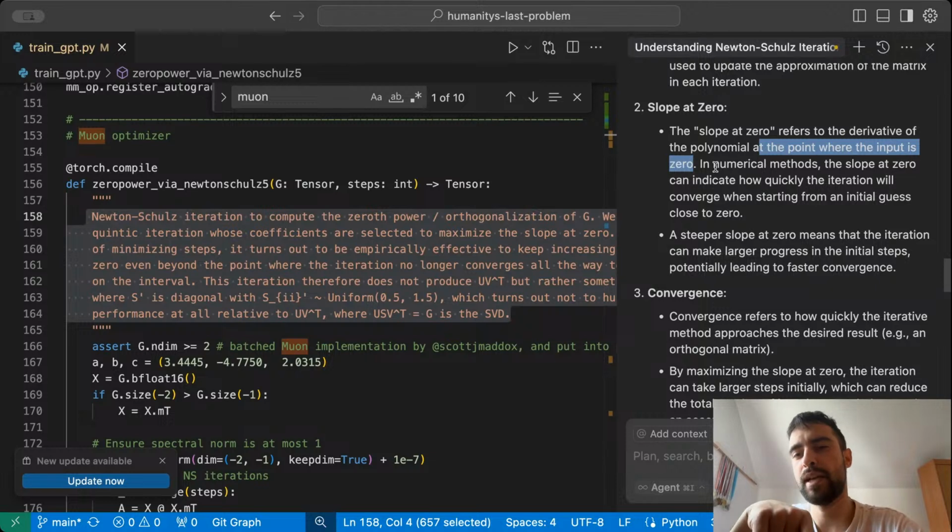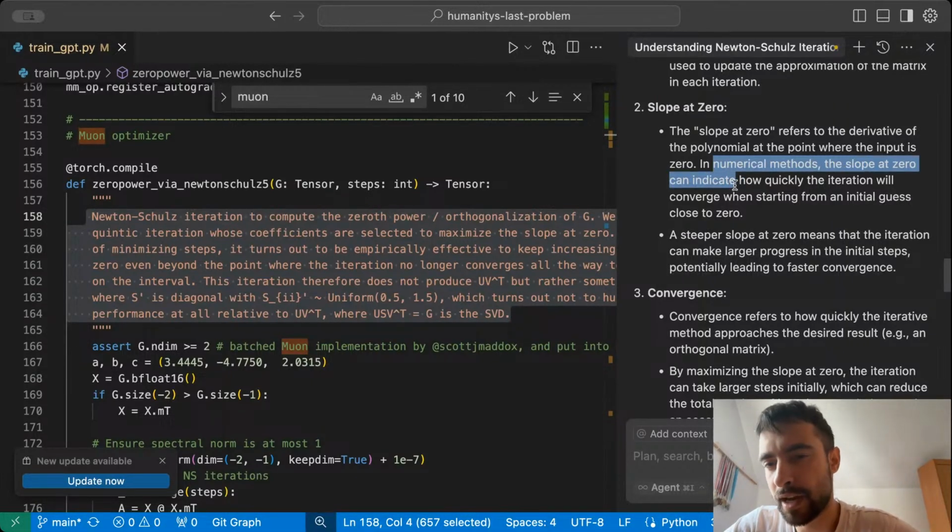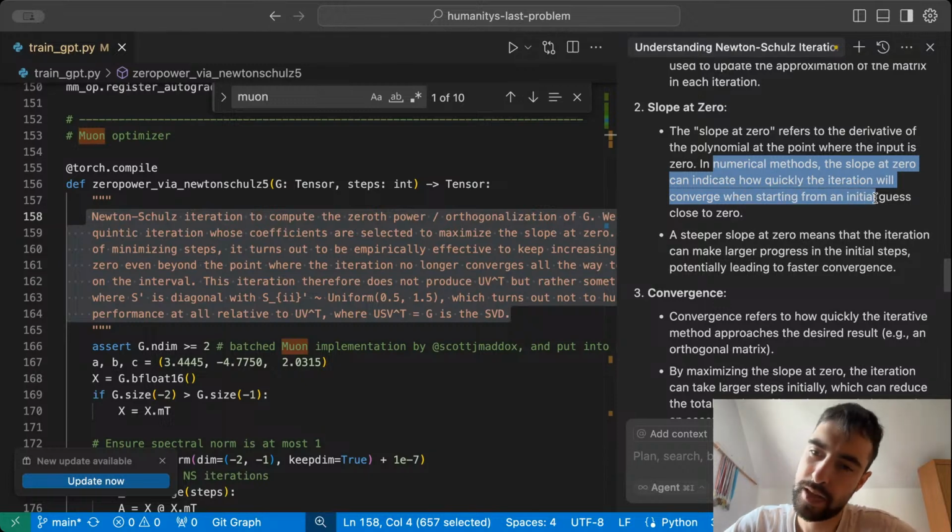Okay, so the polynomial is also a function, and you take 0 and then calculate the derivative at that place. Okay. In numerical methods, the slope at 0 can indicate how quickly the iteration will converge when starting from an initial guess close to 0. Why, by the way?